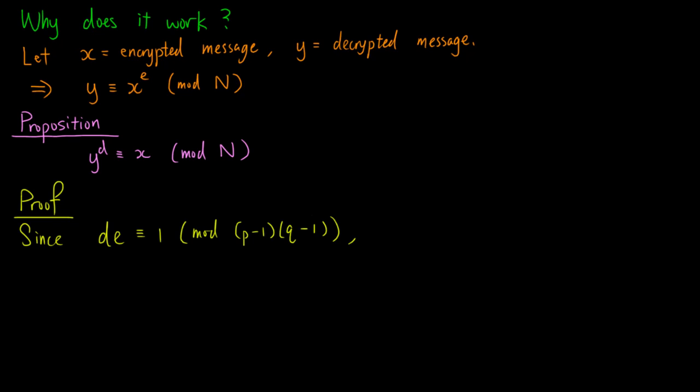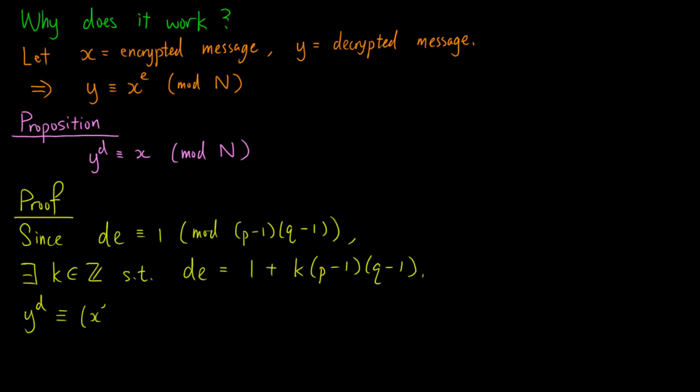Since d times e is congruent to 1 mod (p-1) times (q-1), there exists an integer k such that d times e equals 1 plus k times (p-1) times (q-1). Now, x to the d is congruent to y to the e to the power d, which is congruent to y to the power d times e, which is congruent to y to the power 1 plus k times (p-1) times (q-1). We can write this as y times y to the p minus 1 to the power k times (q-1).